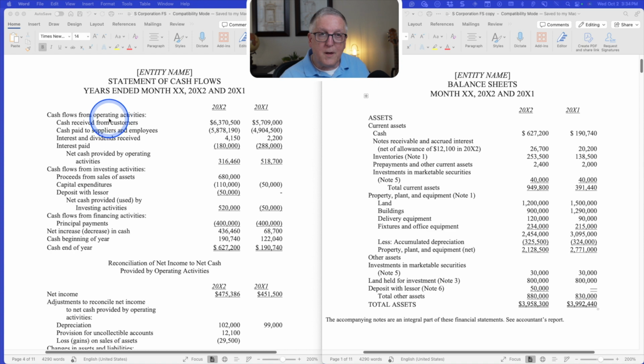If you could somehow magically have these three buckets and see the amount of cash going into each of those buckets and the amount of cash going out of each of those buckets, then you'd have a net amount based on what went in and went out of each of those three buckets. That's really all the cash flow statement is.